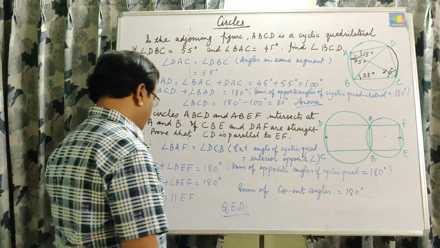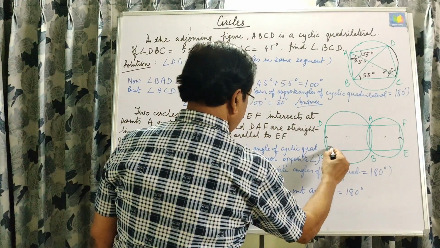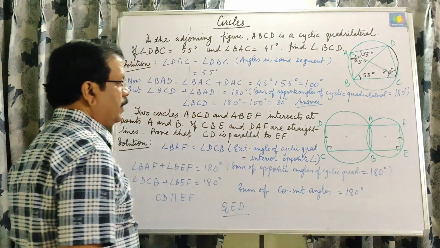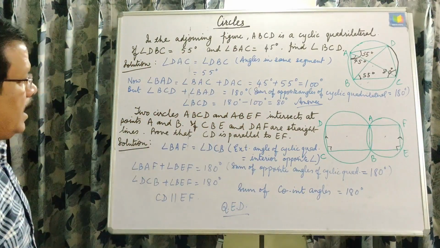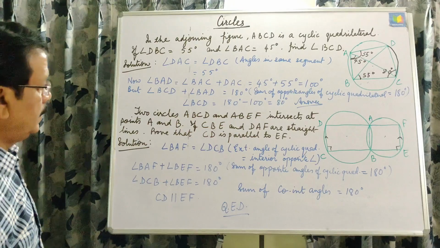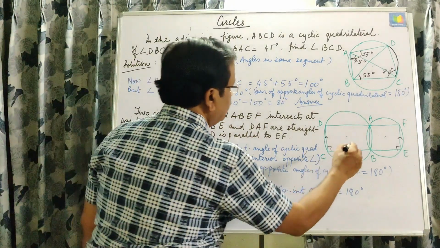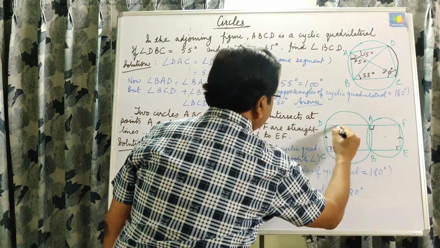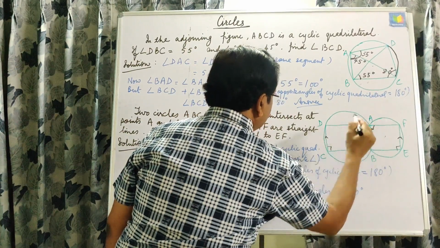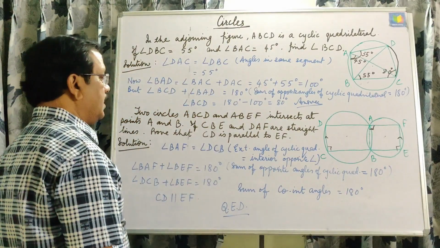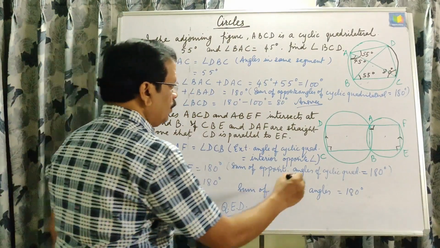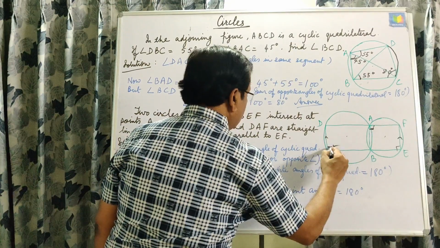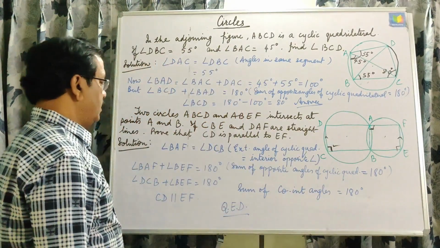If we can prove that this angle plus this, okay, and now angle BAF is equal to angle DCB. Since this is a cyclic quadrilateral, this is the exterior angle of a cyclic quadrilateral, which will be equal to the interior opposite angle. So this angle is equal to this angle.